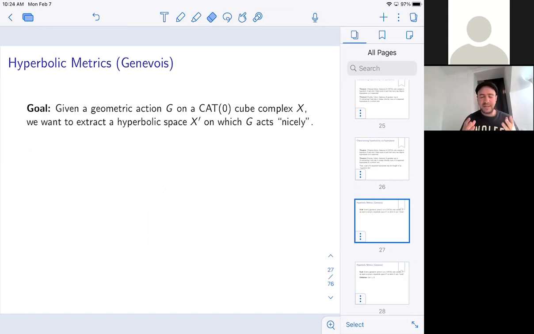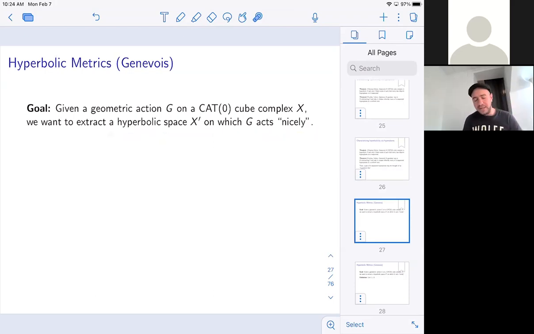You want a space that kills off all the products that live in your cube complex, and you want your group G to act on it isometrically. So that's the idea: suppose you have a geometric action of a group on a CAT(0) cube complex. There is a way to build a hyperbolic space where your group acts nicely.